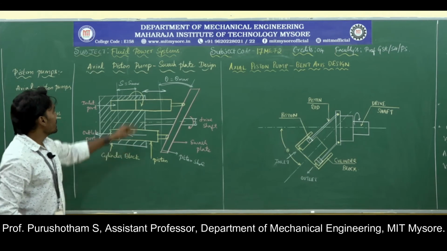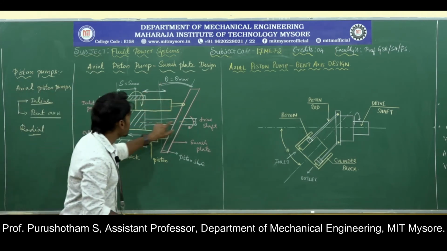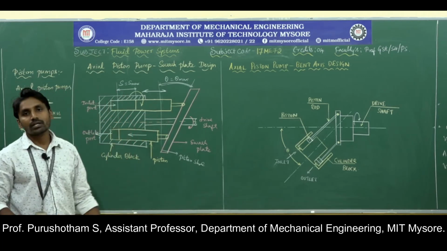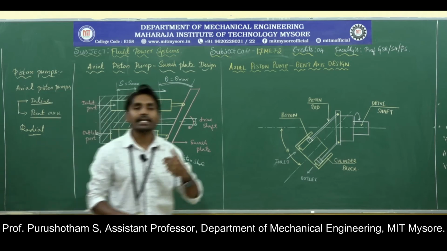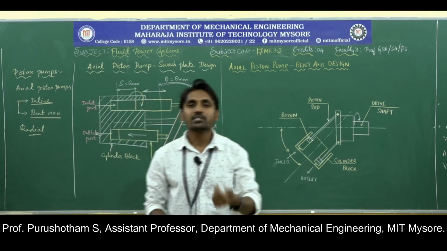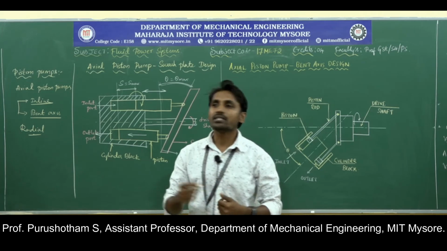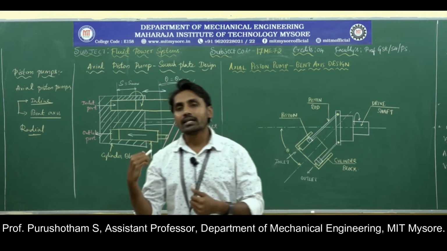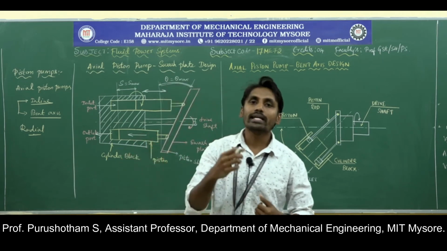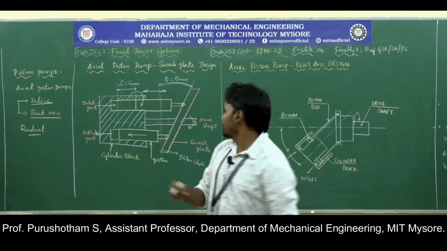Here, theta is the swash plate angle with respect to the driving shaft. By varying this, we can change the volumetric displacement, which mainly depends on the swash plate angle. So we can convert this design into a variable displacement pump.